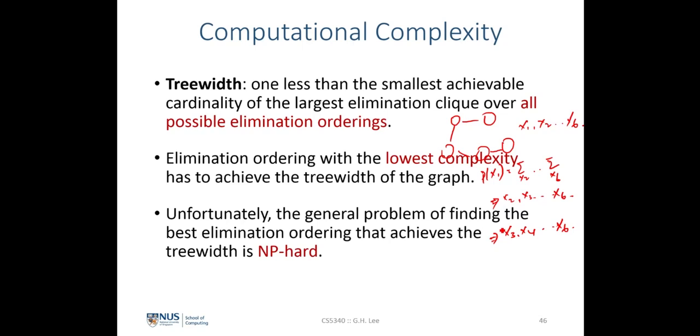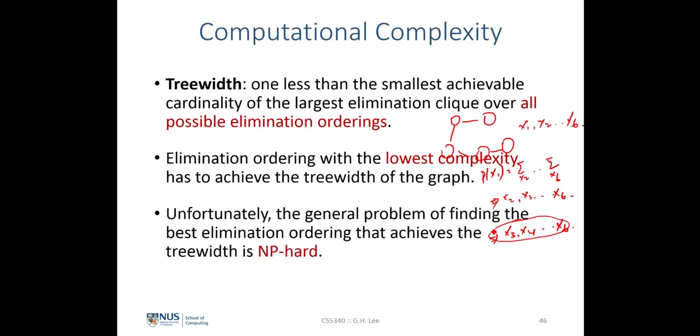There is a chance that each one of these will end up as a different reconstituted graph. And what's worse is that a wrong choice of this order could lead to a higher elimination clique or higher tree width compared to the others.